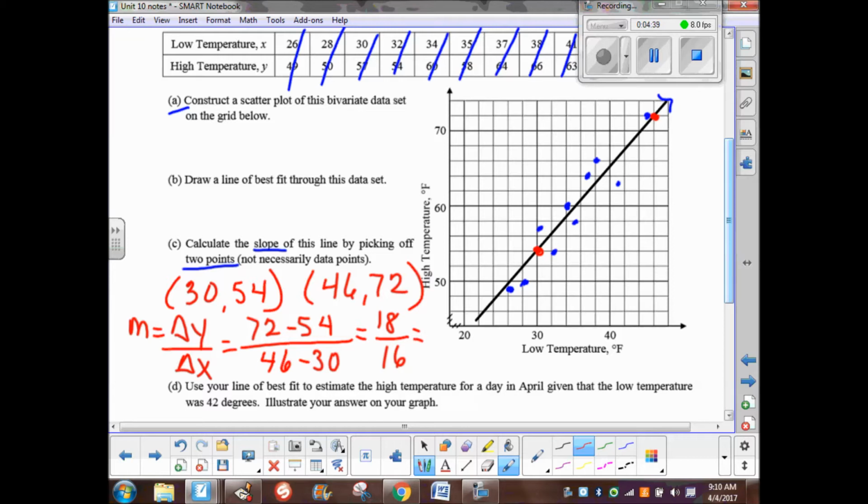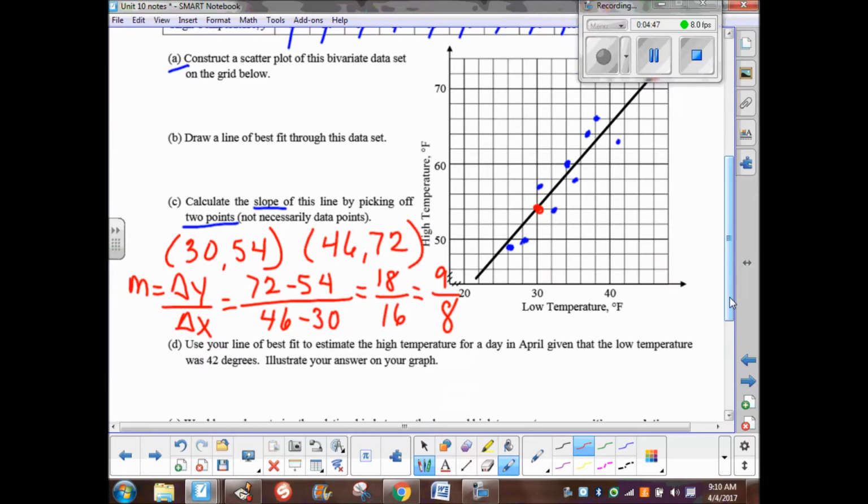I'm going to simplify mine, and we end up with 9/8. Mine is a little over 1.